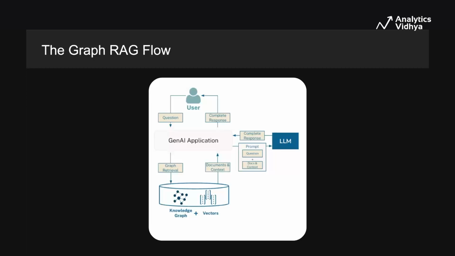Your text chunks are still embedded and stored in a vector index exactly like vanilla RAG. You keep both stores running in parallel. When a query comes in, graph traversal and vector retrieval happen together. The result passed to the LLM is not a flat list of chunks. It is a subgraph of connected entities plus the supporting text passages attached to those nodes. That is the evidence trail that makes Graph RAG answers grounded and traceable.